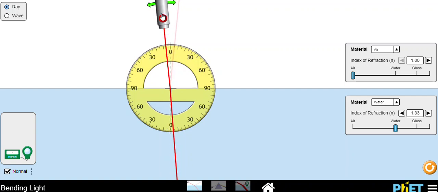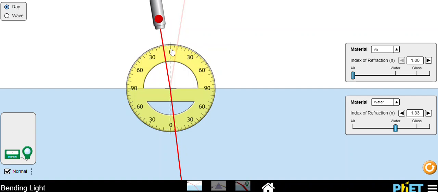So if I move right onto this position now, my ray source, right? What happens is that the angle of the incident ray is now 10 degrees, right?